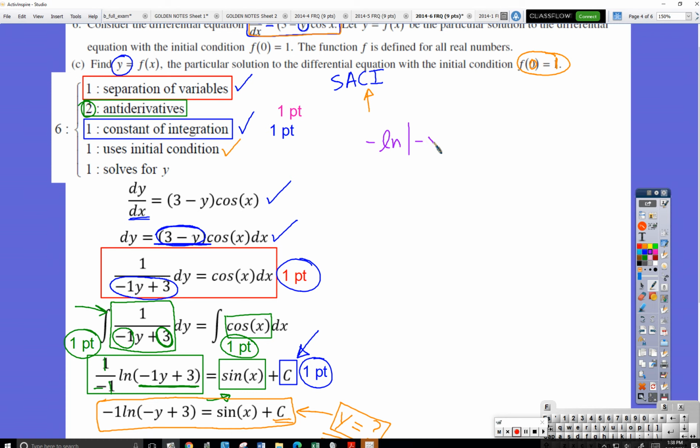Negative natural log, absolute value of negative y plus 3, is equal to sine of x plus c. When the x value is 0, the y value is 1. So natural log, absolute value, y value of 1, x is 0.